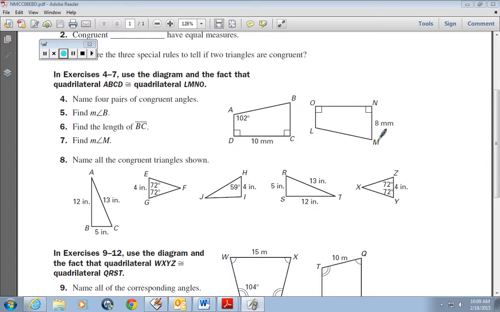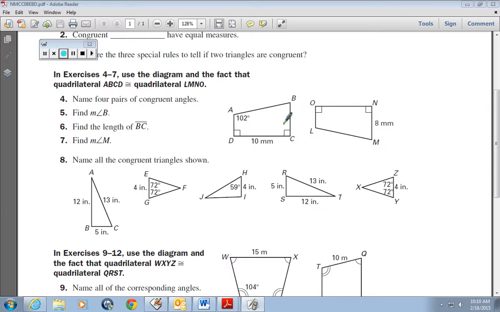So to find the measure of angle B, you need to know that this represents 90 degrees, this represents 90 degrees, this is 102, and whatever the measure of B is, they all have to add up to equal 360 degrees. So you're going to have to do a little bit of math here by adding 90, 90, and 102 and subtracting it from 360. From there, you'll be able to find the measure of B.